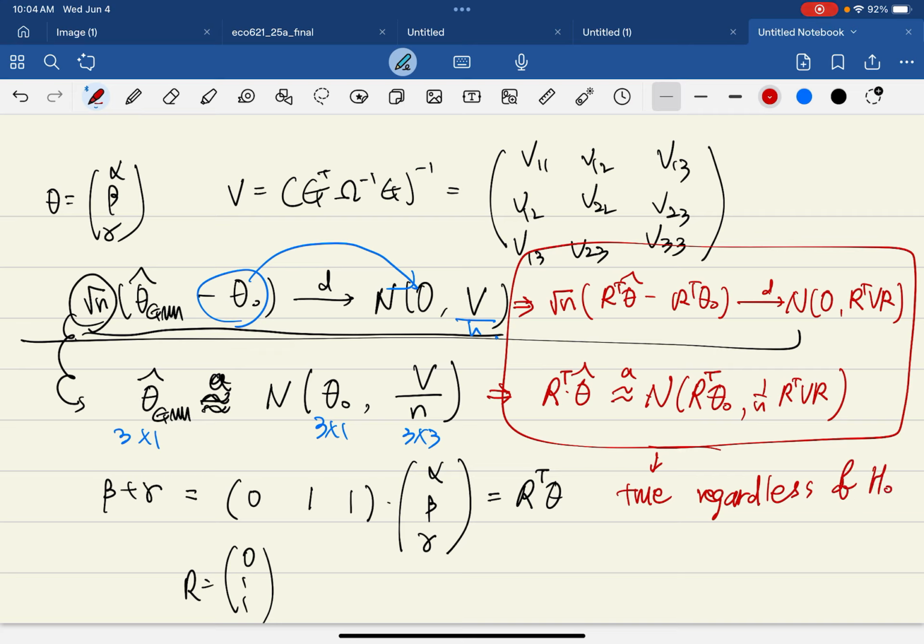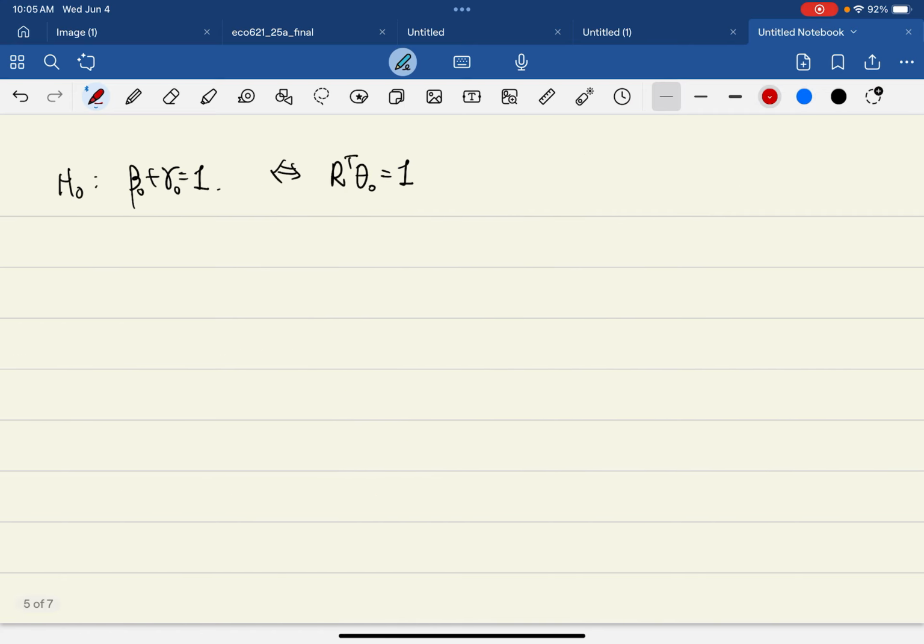So even if H0 is wrong, these are correct. But we just do not know where theta 0 is. So from here we are going to divide into two cases: if H0 is correct and if H0 is not correct.